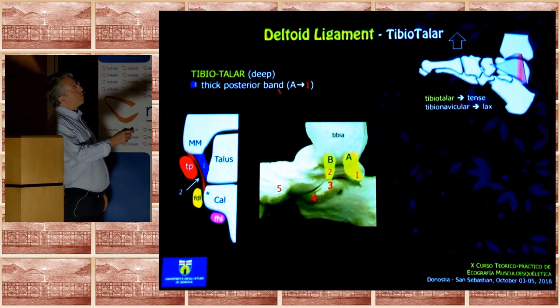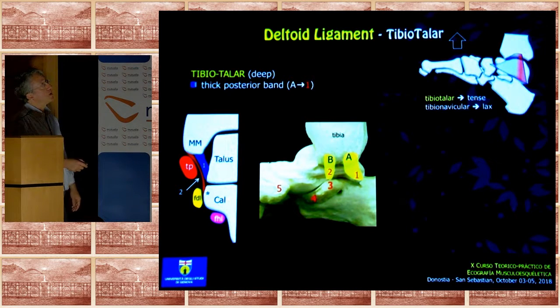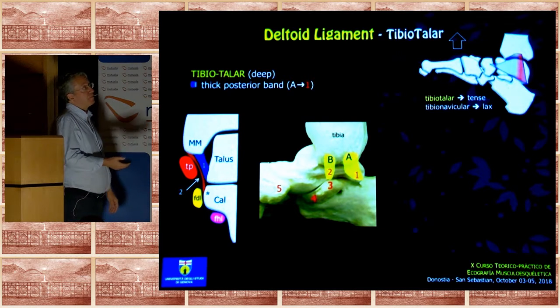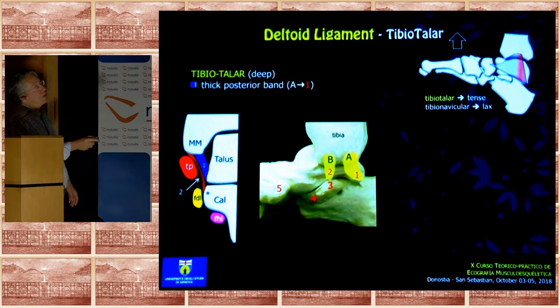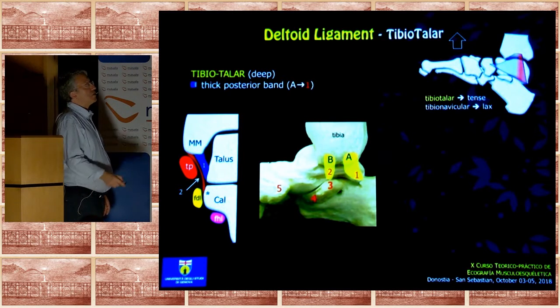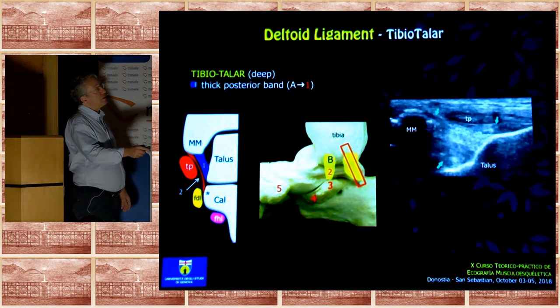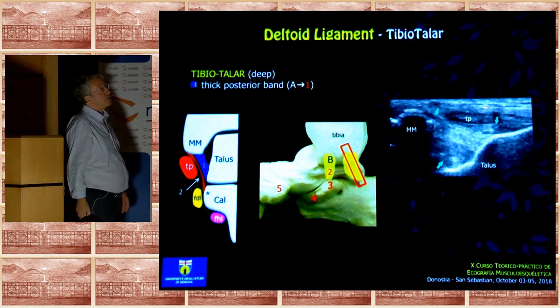Then for the posterior part of this ligament, the tibio-talar component, you have to dorsiflex the foot. And this is easily conceivable because in dorsiflexion you can put this part of the deltoid in tension. So this is the tibio-talar ligament, and it is very, very thick. It's located just deep to the tibialis posterior tendon.